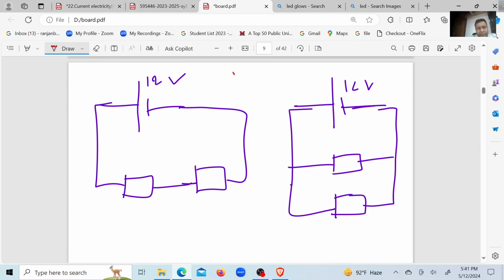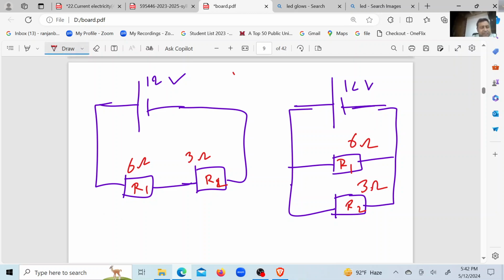This is R1, this is R2. R1 is 6 ohm, R2 is 3 ohm.